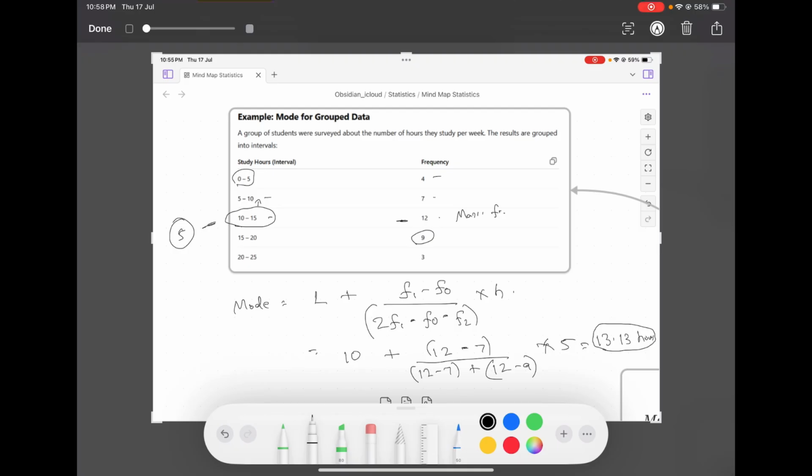This is how you calculate the mode for grouped data as well as simple data. For grouped data, you need this formula. For the exam, you need to learn this formula by heart. But if you are using Python, there are inbuilt functions to calculate the mode, median, etc. So we will do that also.